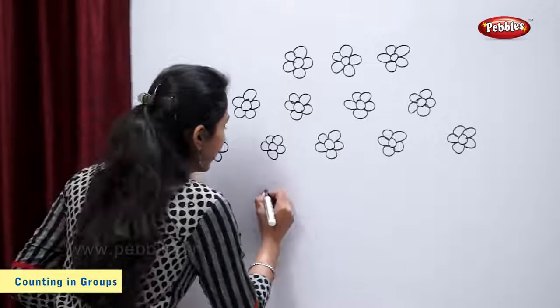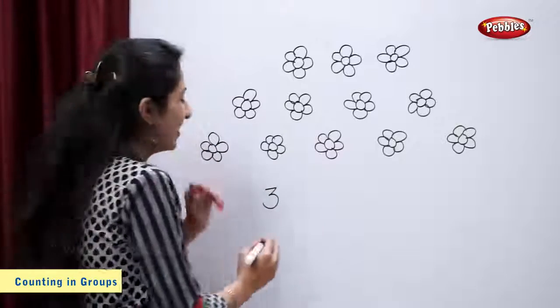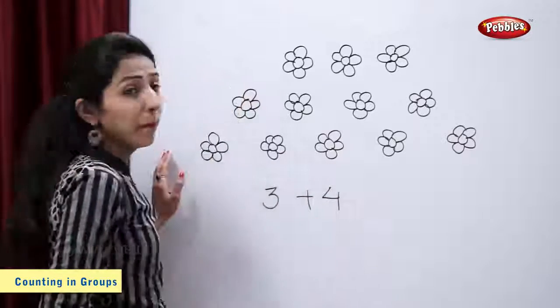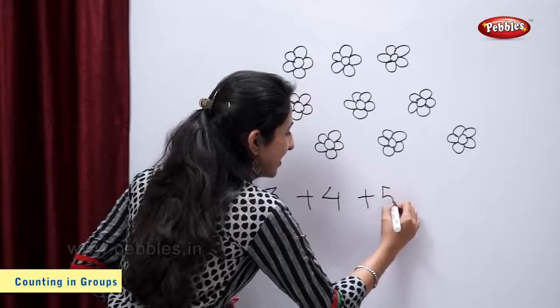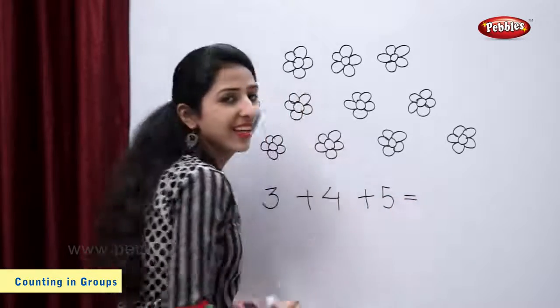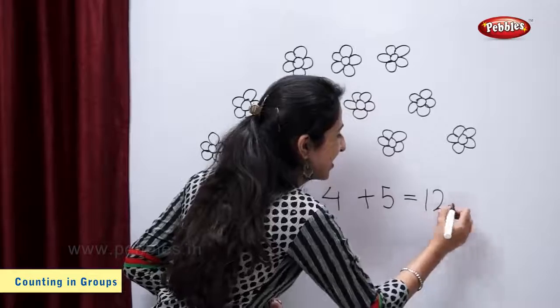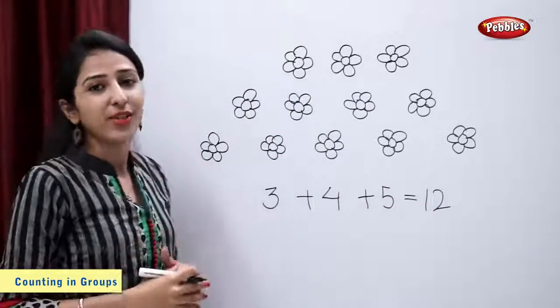So, 3 plus 4 plus 5 is equal to 12. So, there are total 12 flowers on the board.